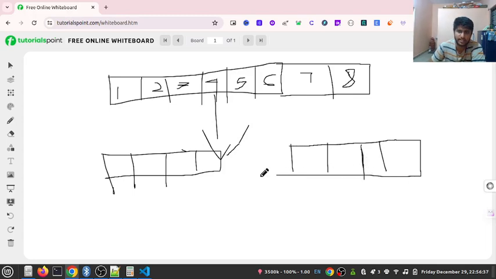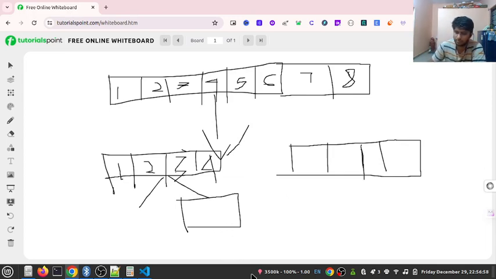Once again we will be dividing these things. Understand, like this, 4 is there, we'll divide into 2. Okay, 1 and 2 and 3 and 4, right? We'll be dividing like this once again.